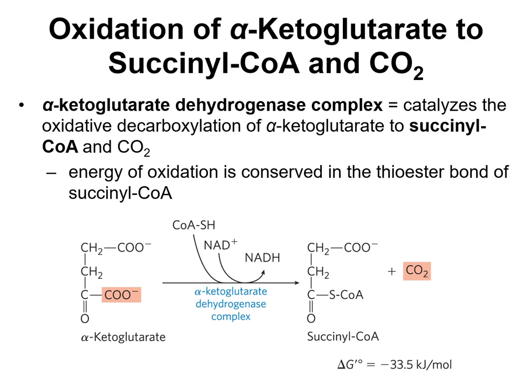We are catalyzing the oxidative decarboxylation of alpha-ketoglutarate to succinyl-CoA and carbon dioxide. And where we're conserving our energy here is in that thioester bond. So the succinyl-CoA, this right here is conserving the energy in this molecule.